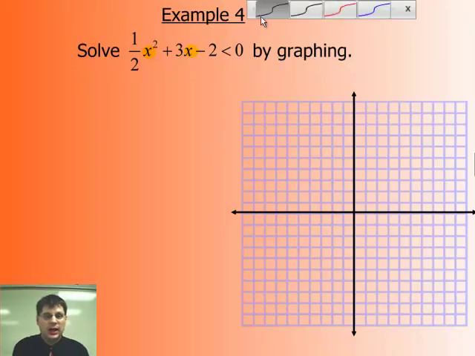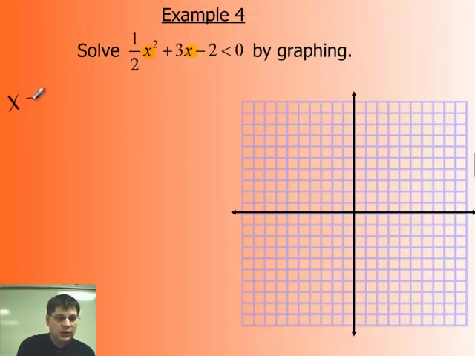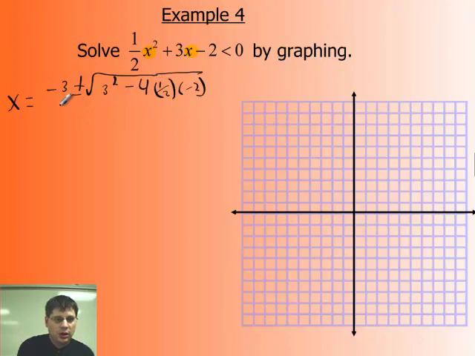So I'm going to go ahead and use the quadratic formula, because that works for everything. I'll start off with x equals negative b, so -3, plus or minus the square root of b squared, so 3 squared, minus 4ac, so 4 times 1/2 times -2, all over 2a, so 2 times 1/2.